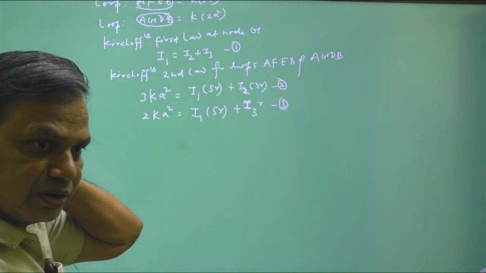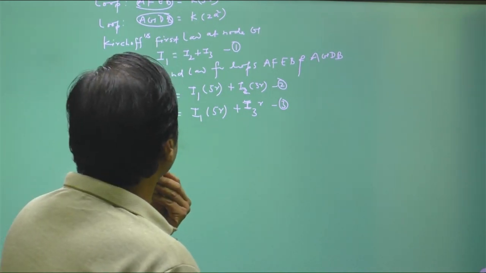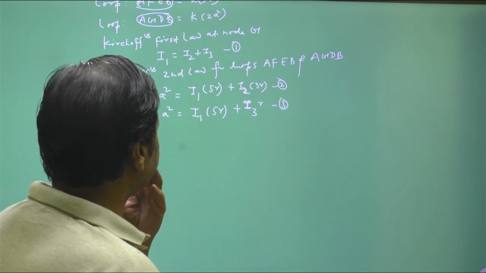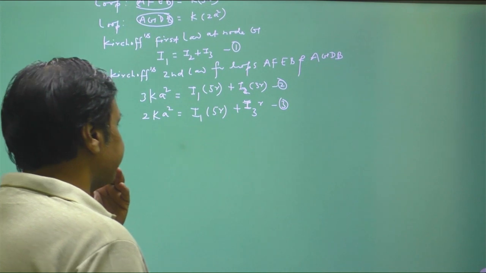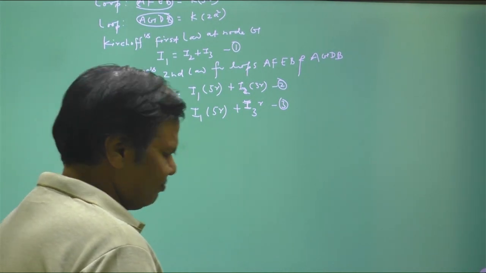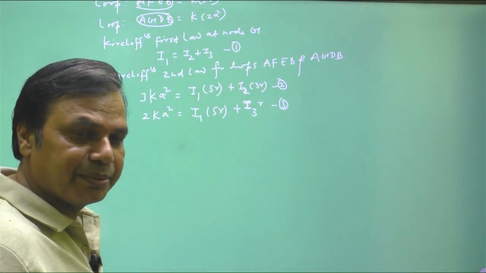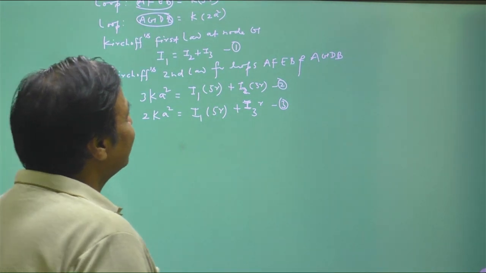And these three equations can be used to solve this problem, to find out I1, I2 and I3. So we have three unknowns and three equations. Everything else is given. K is given, A is given. So what do you need to find and what is given? It should be your priority when solving a problem.